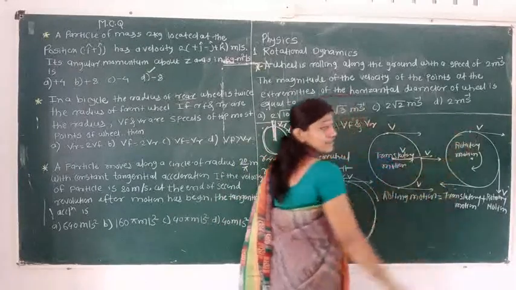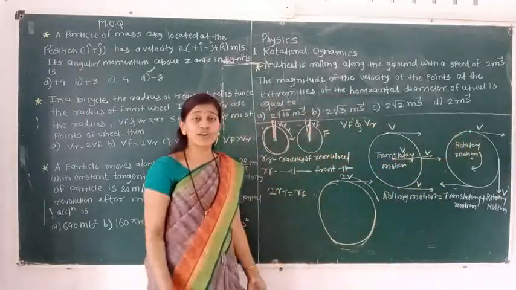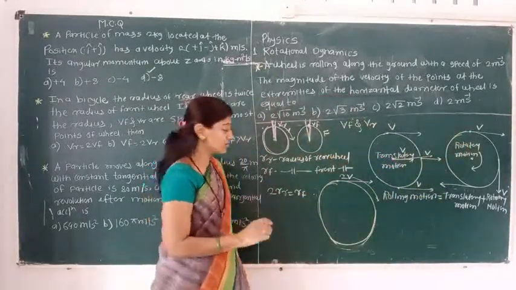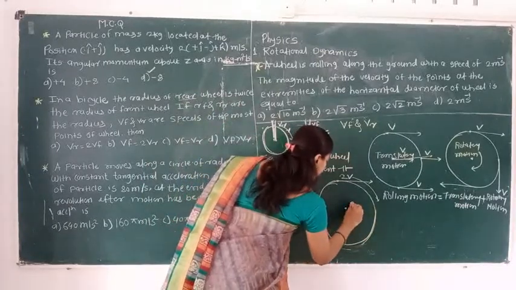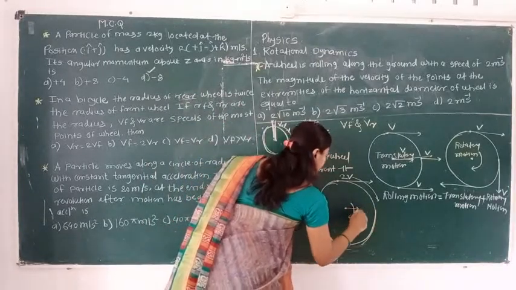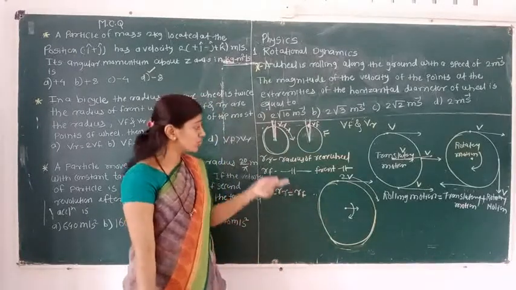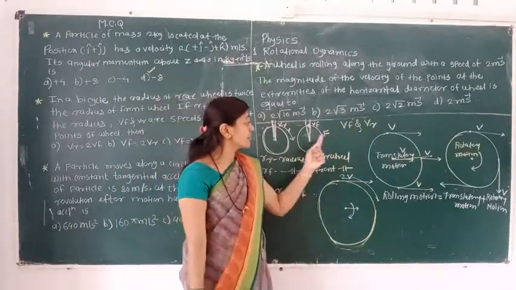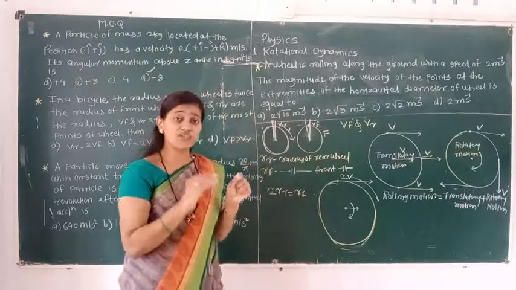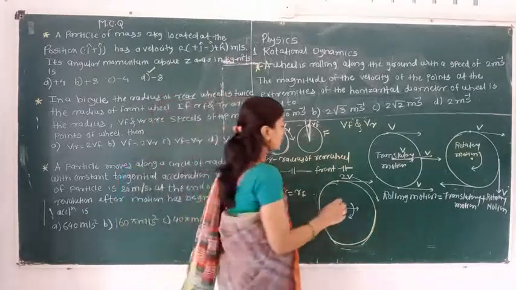Here is also velocity, here is also velocity. We have to find out the topmost velocity, as they are asking us. Here also we get the center of mass, where only the rotatory velocity is present. So in this case we can understand the topmost position in the case of both wheels.